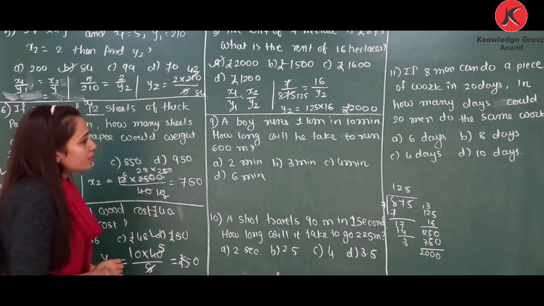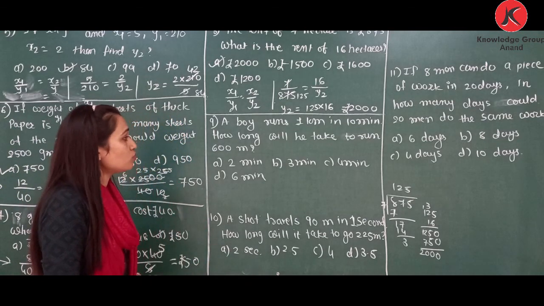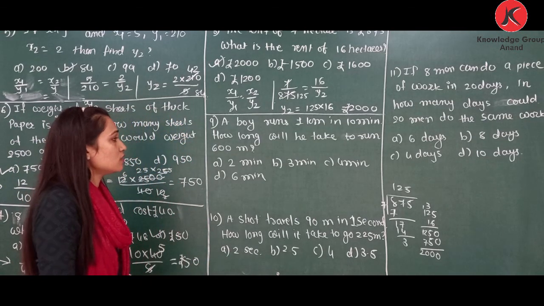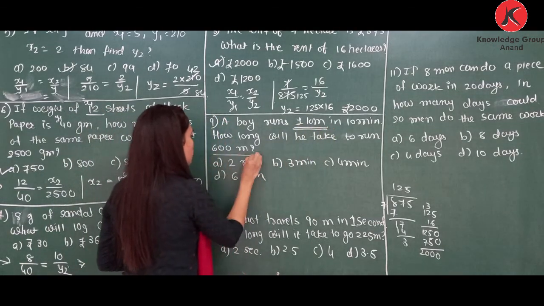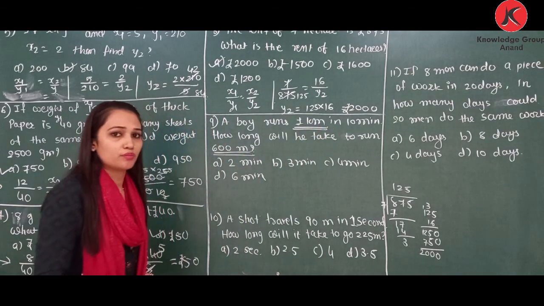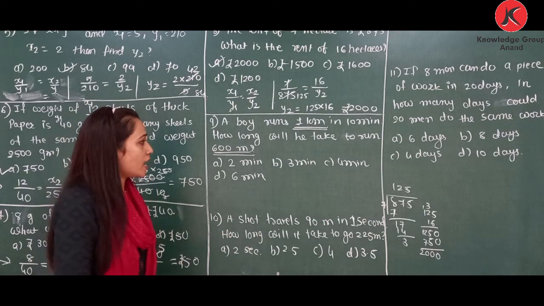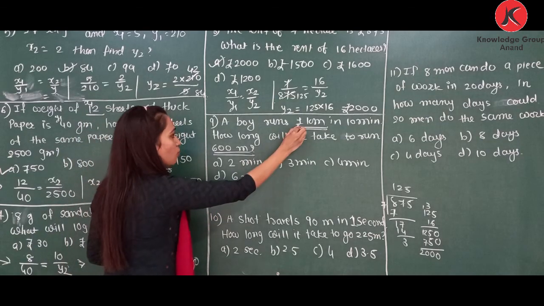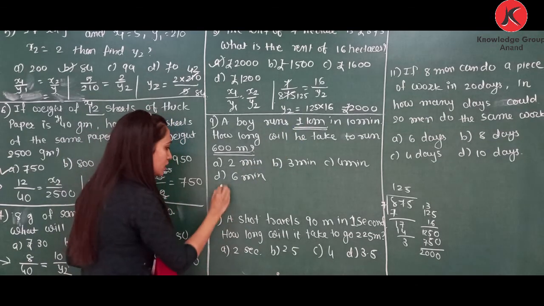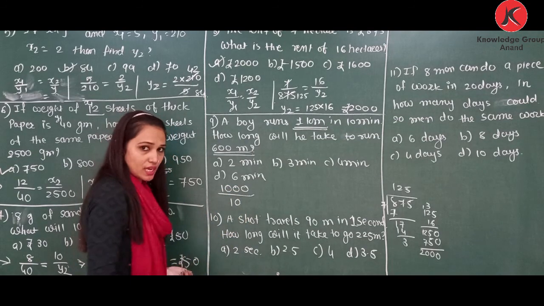Next one. A boy runs 1 kilometer in 10 minutes. How long will he take to run 600 meter? So this one is in kilometer, this one is in meter. We need to find the time. If time is increasing, distance will increase, and if time is decreased, distance will be decreased. So here we can write 1 kilometer as 1000 meter. So for 1000 meter, time is 10 minutes.